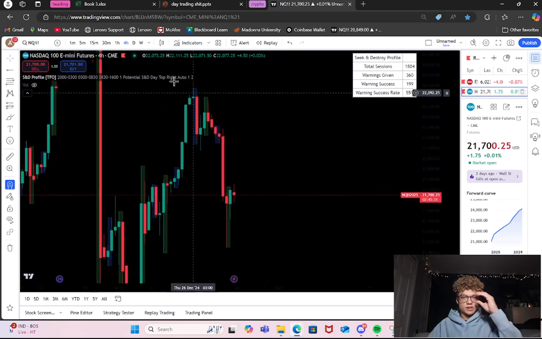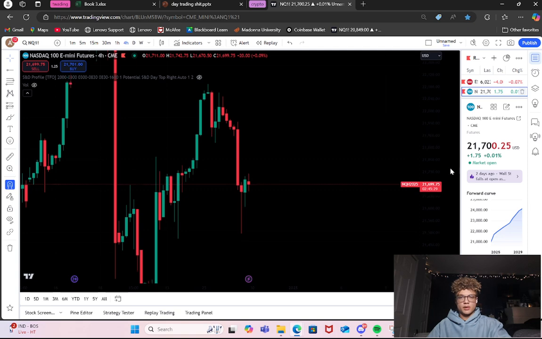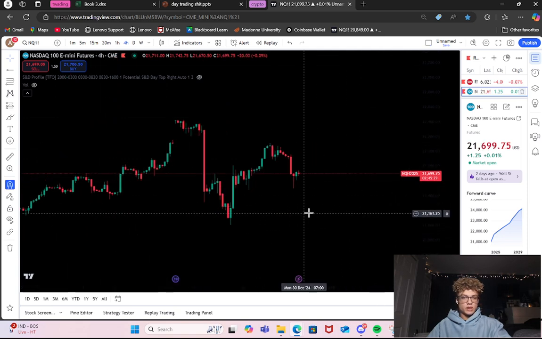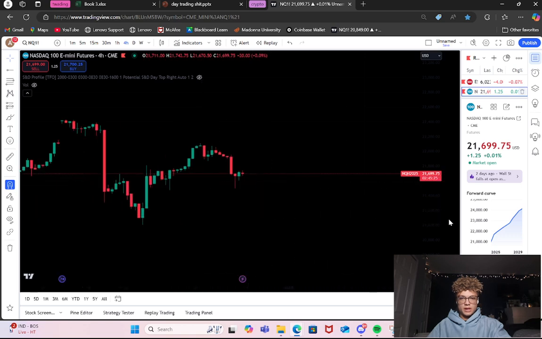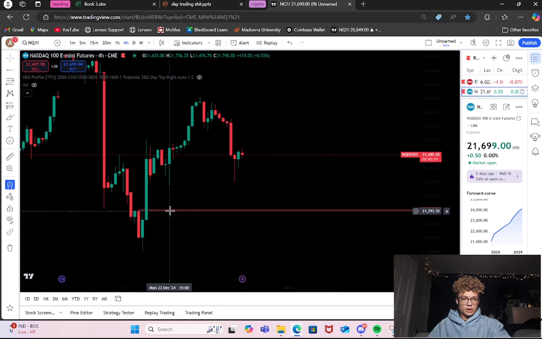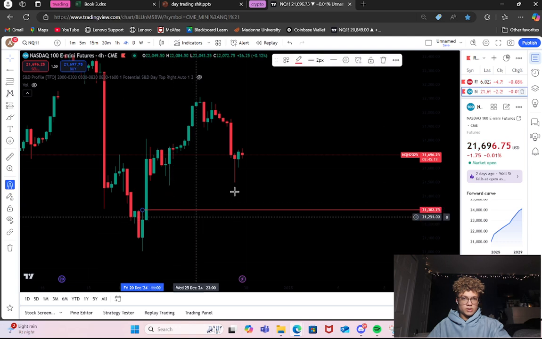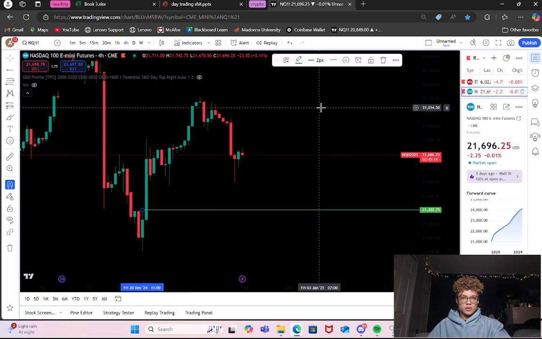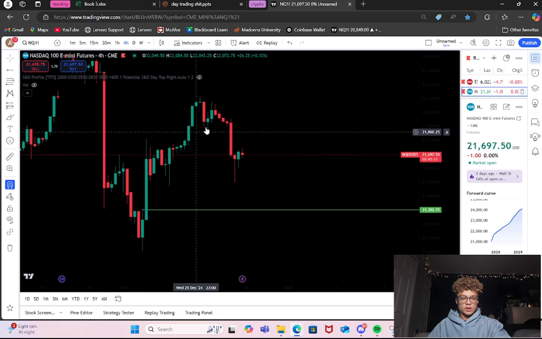If you just completely close it, we get a complete closure maybe above a high, right? We get a high formed right here. Actually, this would be considered the high. We get a closure below, and we continue to rally up.